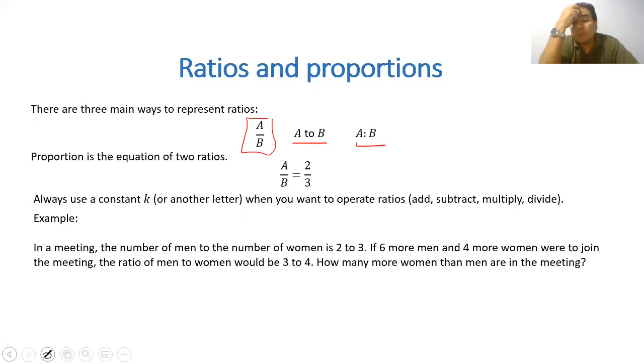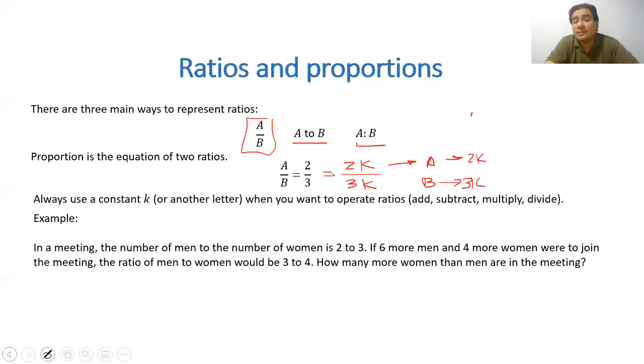When you work with proportions, you should always use a constant, okay, to operate separately the numerator and denominator of one of the ratios, especially for additions or subtractions. For example, here we can say this is the same as 2k over 3k in such a way that A becomes 2k and B becomes 3k, right?